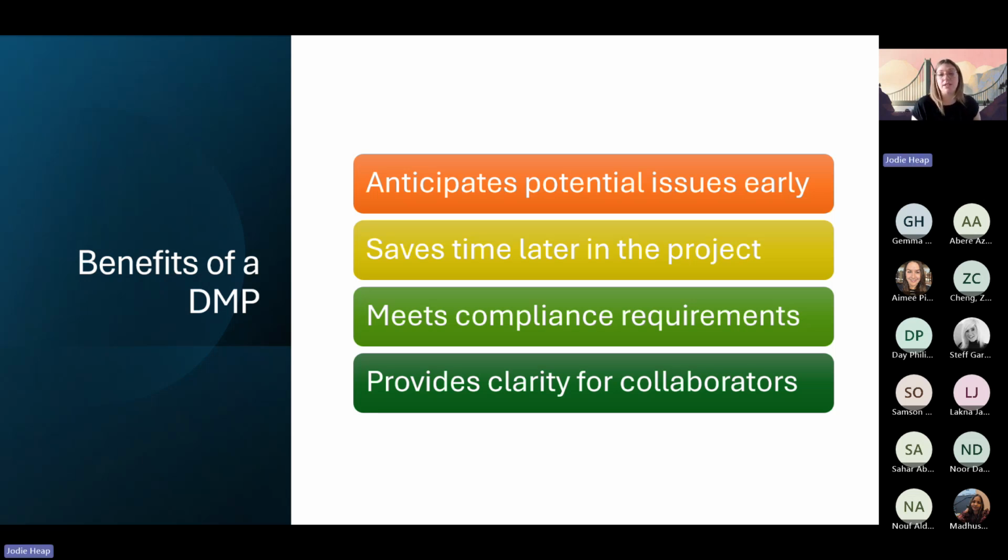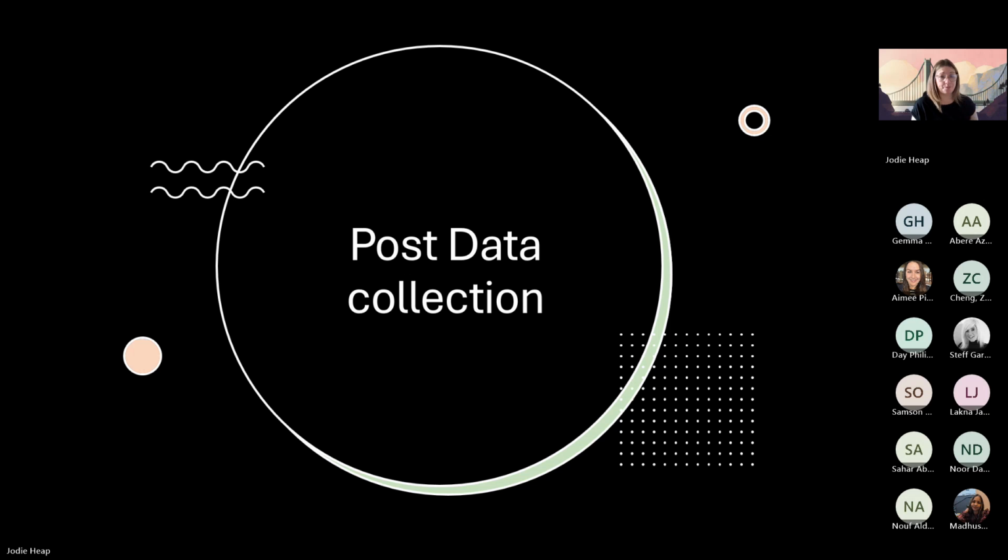Of course, we have evidence of our compliance, so we're meeting those requirements. And if we are working with collaborators, we have clarity so that we all know the expectations for that data collection process collectively. So we all agree before we submit that DMP.